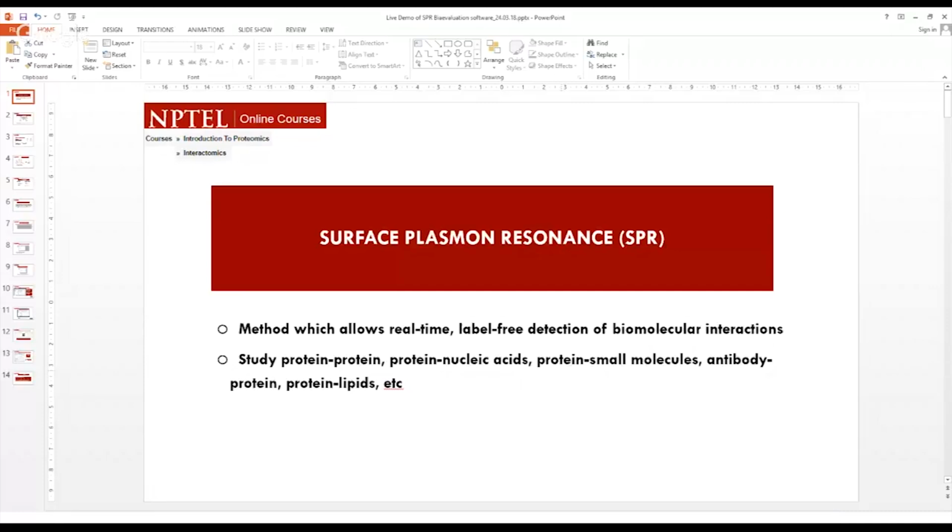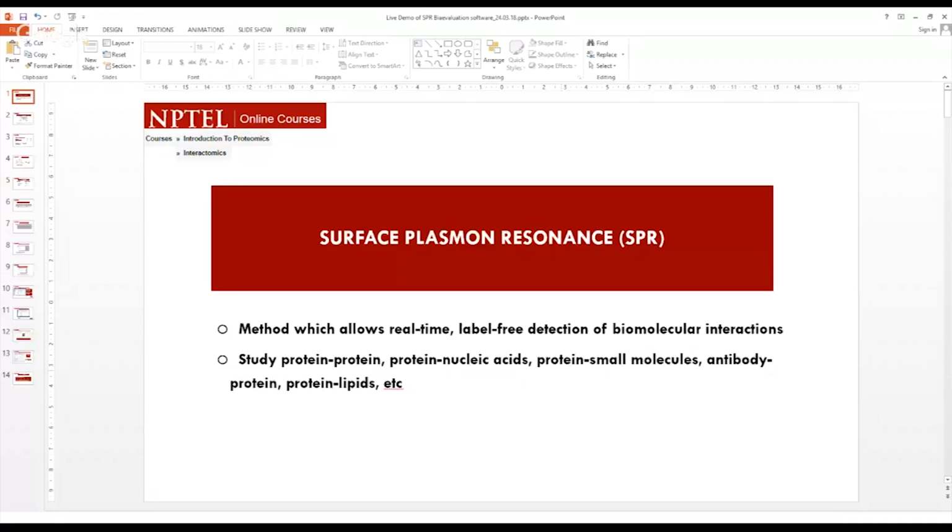The incident light is focused from a light source. This is polarized light, which falls on your sensor chip, and it is reflected off this surface, and there is a detection unit which detects any change in refractive index. So SPR basically measures the change in refractive index.